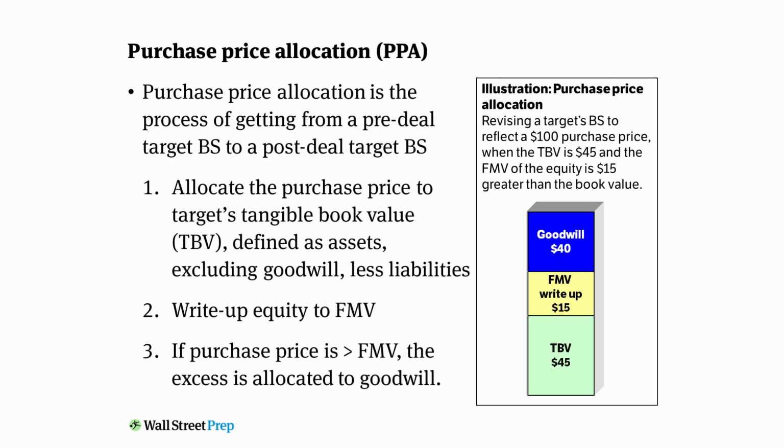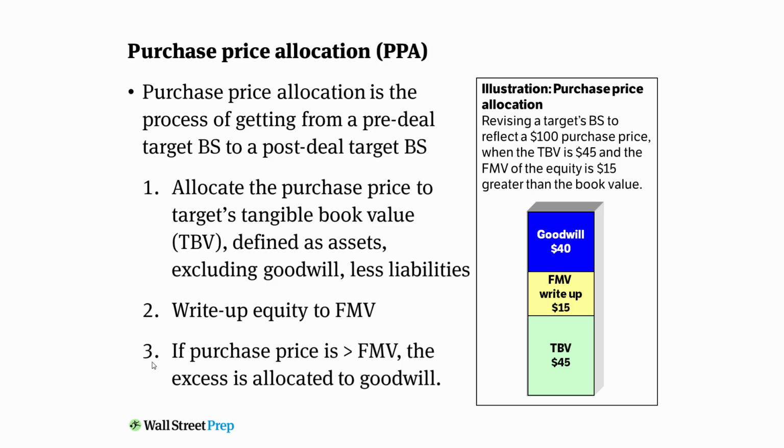The allocation of that purchase price onto the assets is something called purchase price allocation. Purchase price allocation represents the process of getting from a pre-deal target balance sheet to a post-deal target balance sheet. And it assigns a sequence of steps that you have to go through in allocating that purchase price. So what does that mean?